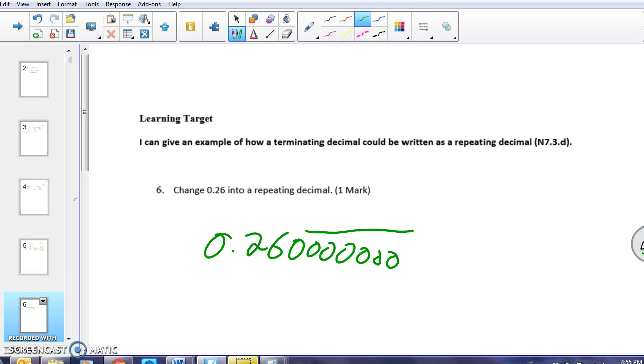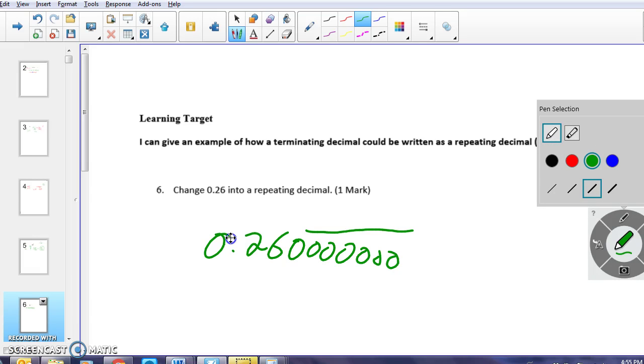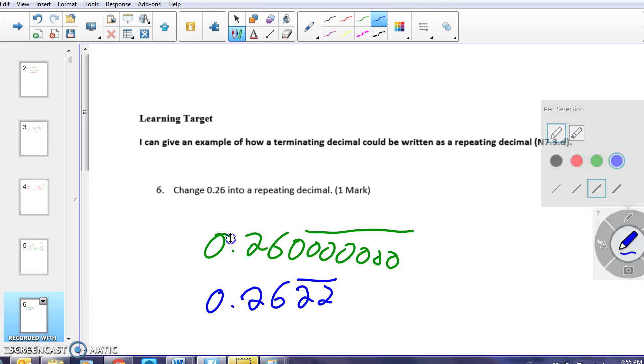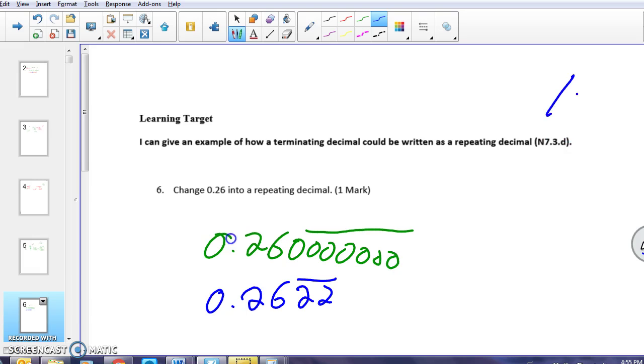If you said that maybe they rounded the repeating decimal, so if it was 0.26, 2, 2, and the 2's are repeating, and you said they rounded it, I would give that to you as well. So give yourself a mark out of 1 if you realize that the zeros on the end can repeat without changing your number.